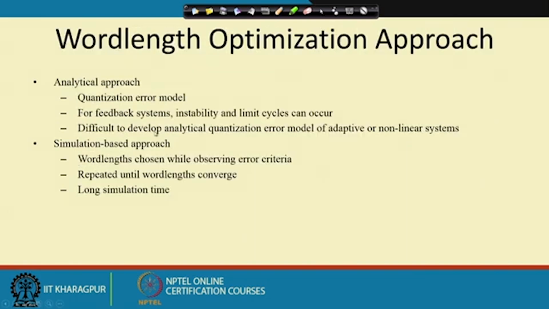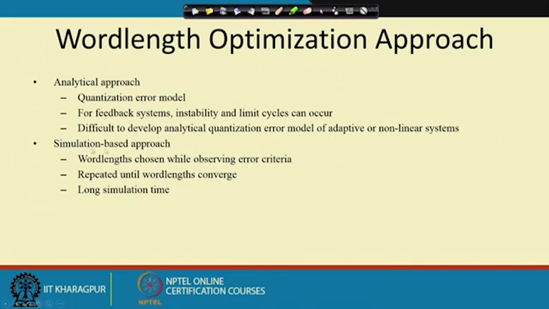To find the optimum word length, we can have two approaches: one is the analytical approach, another one is the simulation based approach. In the analytical approach, we have to develop a quantization error model for a feedback system. Instability and limit cycle can occur. It is very difficult to develop an analytical quantization error model of an adaptive or non-linear system.